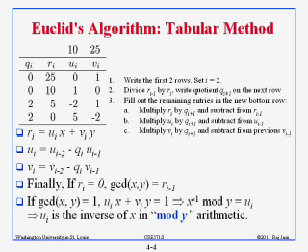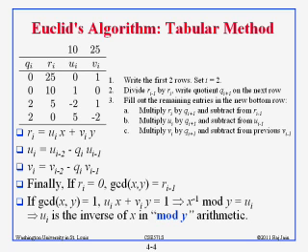Now this you may not have done before, so please listen carefully. Even if you have done GCD by division before, you may not have done the tabular method, right? So listen carefully. The first 2 lines are filled in by yourself. In the first line you write the bigger number, which in this case is 25, and then you write down 0, 1 and 0 here.